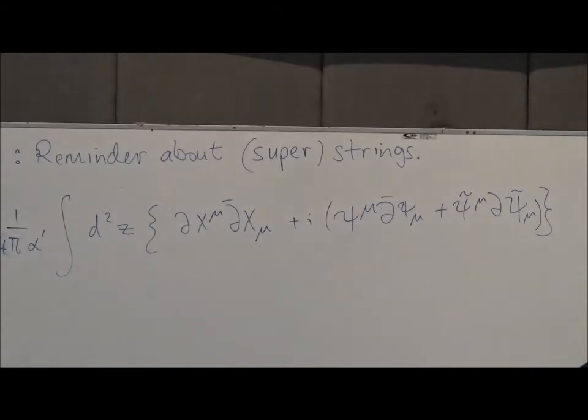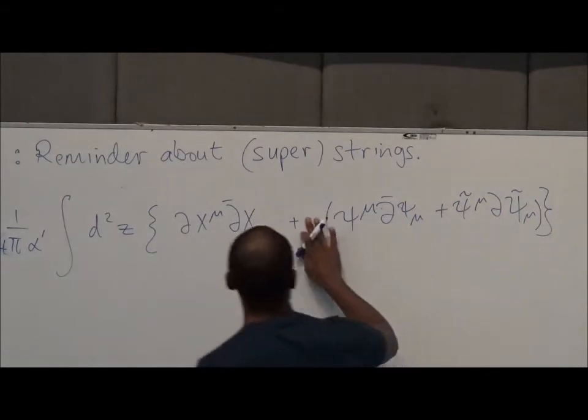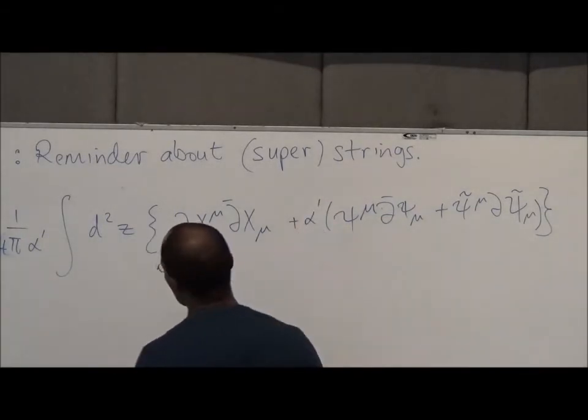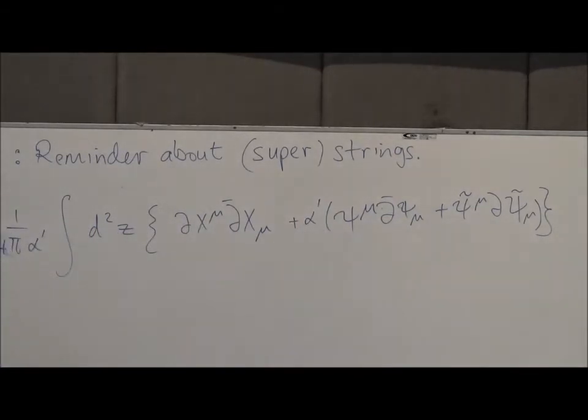So what I've written here is an action, the two-dimensional action, which has certain properties. You can think of this as basically some sort of conformal field theory.